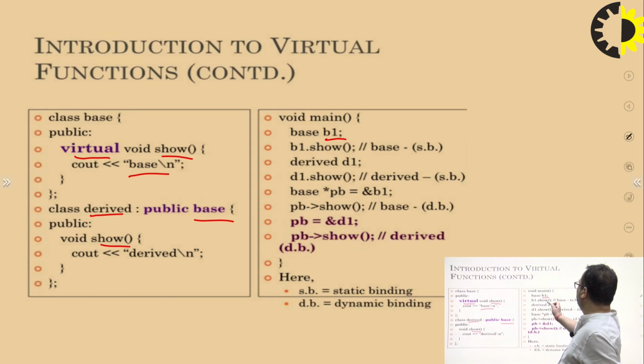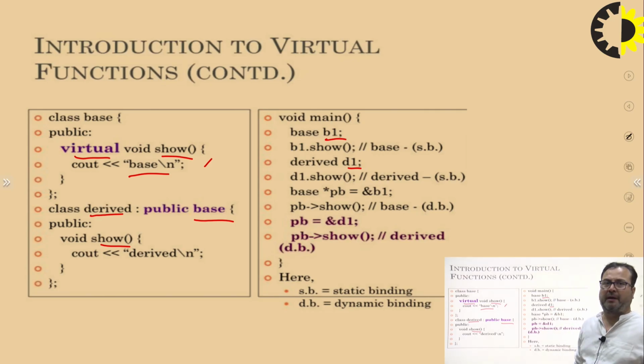If we print b1.so, it will automatically invoke the base class function, so this will print base. Similarly, we have a derived class object. If we simply invoke the so function, it will invoke the member function of the derived class and print derived. Now this PB is a base class pointer, which holds the address of b1, the base class object. If you call PB arrow so, it will invoke the so function in the base class and print base.